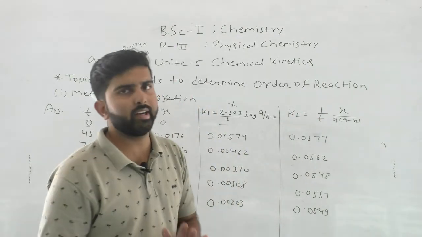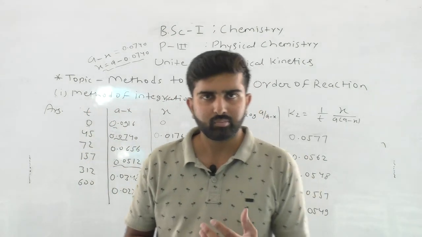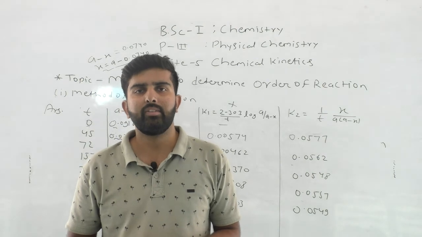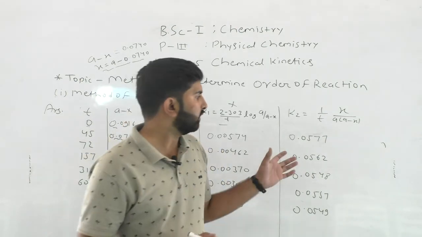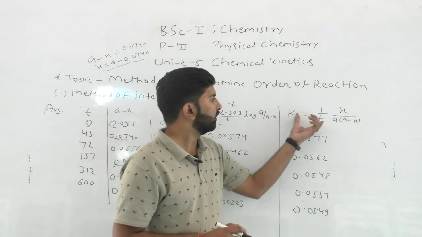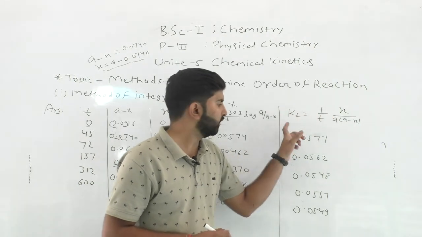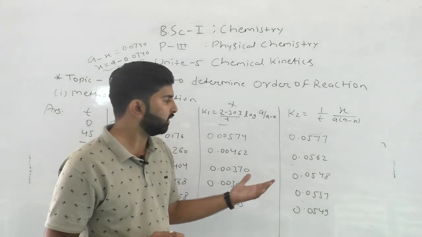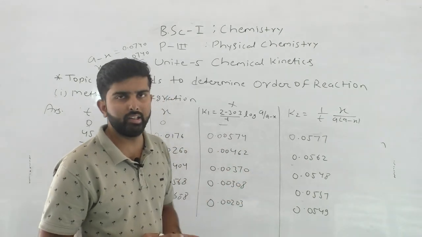So in this method we try different types of integrated rate laws, and the integrated rate law which gives constant values of K represents the order of the reaction.